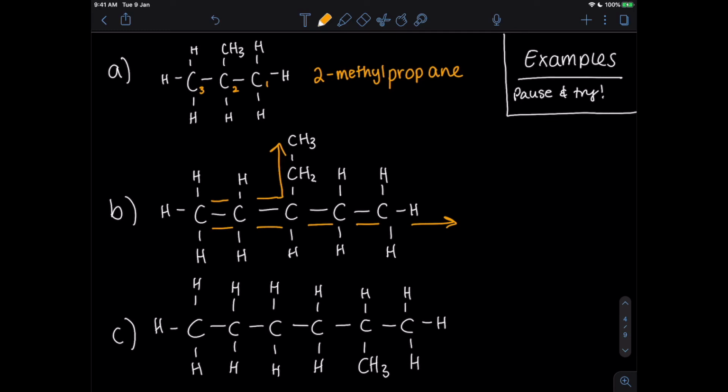Now this one's a little bit tricksy because it's more correct to just write methylpropane, because if this CH3 group was actually on carbon number 1 or on carbon number 3, my longest chain would be 4 carbons long and it would actually just be butane. So you can never have a 1-methylpropane or a 3-methylpropane because that's just butane.